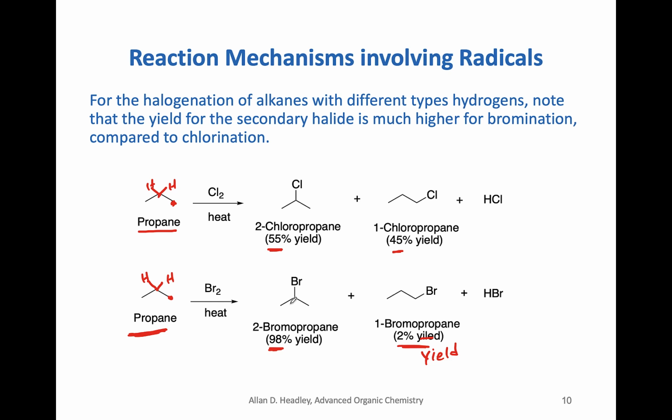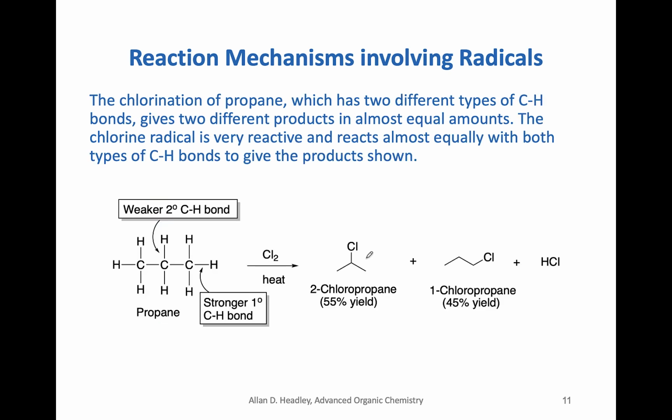Let's see if we can figure out why. As you know, here's propane. It has two different types of bonds. It has a secondary hydrogen here and a primary hydrogen here. Of course, as you know, this bond is weaker because the radical that's generated is more stable.